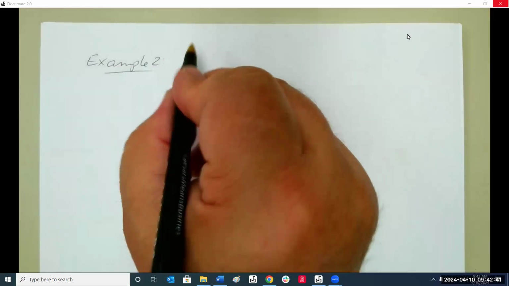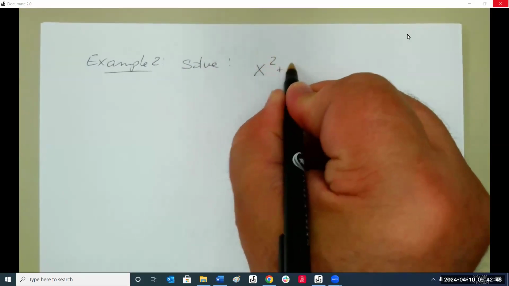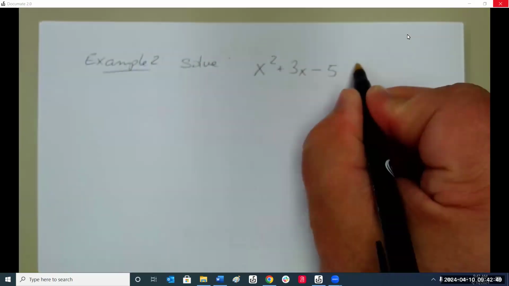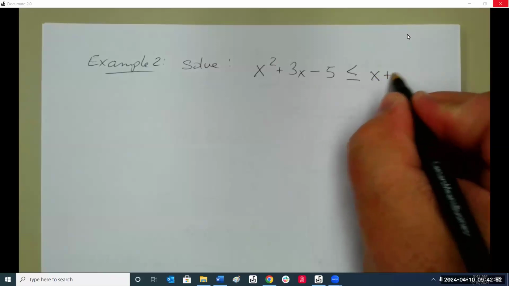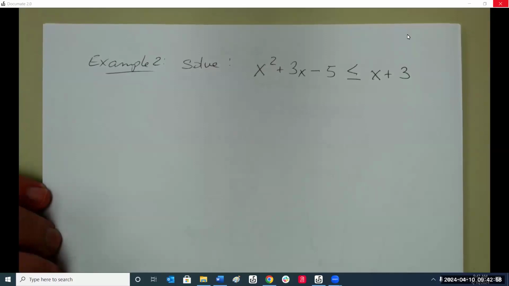Example 2. Solve this polynomial. What's the first thing you've got to do?